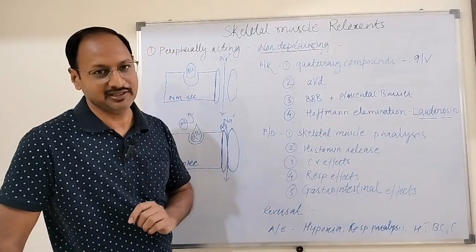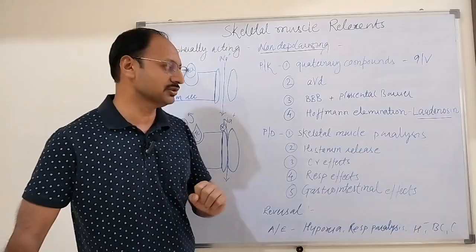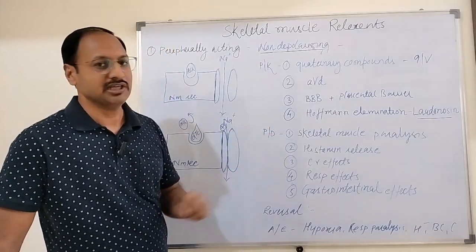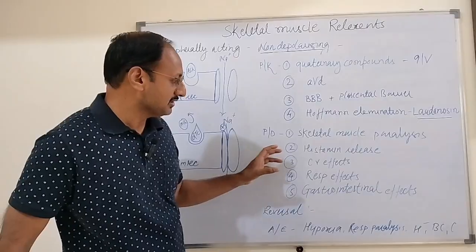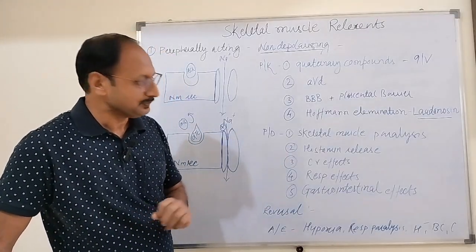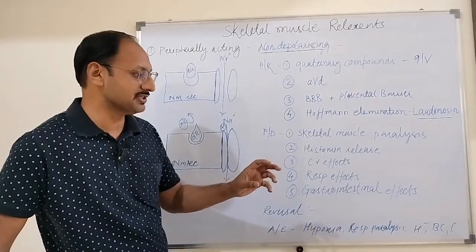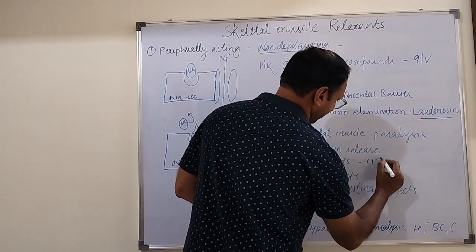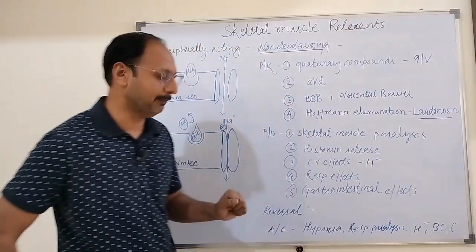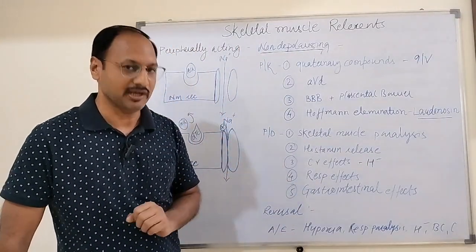Second is histamine release. These drugs, especially isoquinoline derivatives, liberate histamine from mast cells. Number three is cardiovascular effect. These drugs, especially isoquinoline derivatives, may precipitate postural hypotension, mainly because of liberation of histamine.